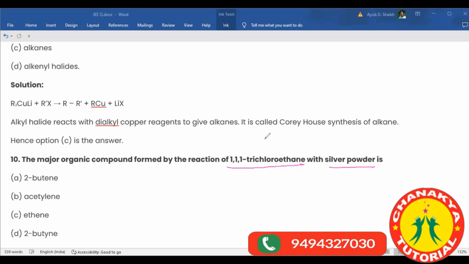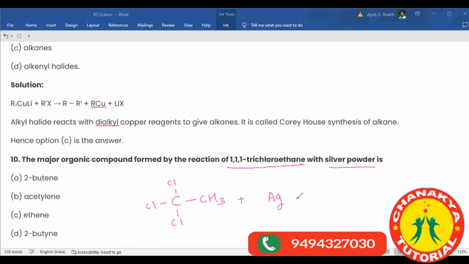Draw the structure first of all for the trichloroethane. 1,1,1-trichloroethane. CH3, C, Cl, Cl, Cl. 1,1,1-trichloroethane, correct? Yes or no? This needs to be reacted with what?